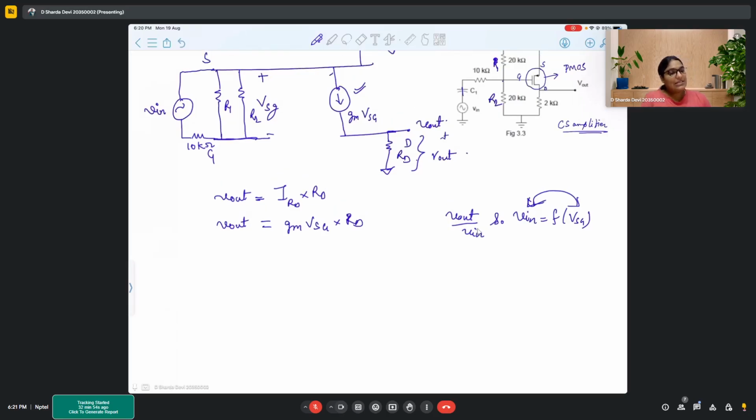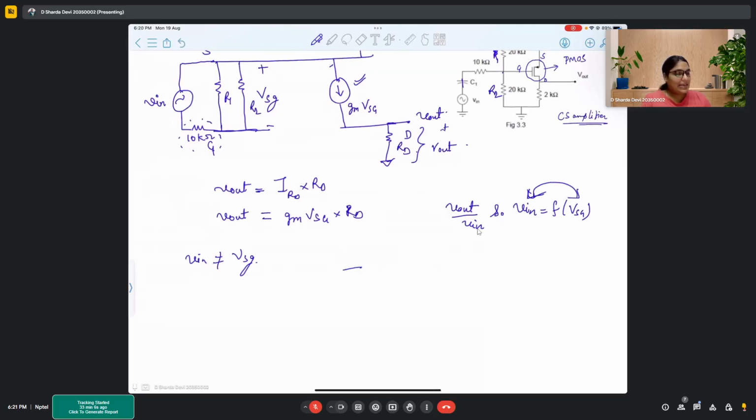Now let's see. Vn is actually not equal to VSG. Why? Because there is this 10 kilo ohm resistor here at the gate. So it is basically like there is this Vn, 10 kilo ohm resistor, and then there is this parallel combination R1 parallel R2, and this is where you will find VSG.